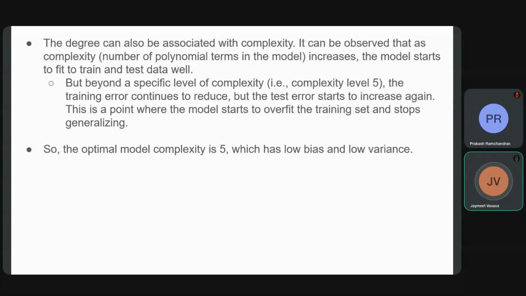So the degree can be associated with complexity. It can be observed that as complexity, or the number of polynomial terms in the model, increases, the model starts to fit the train and test data well.